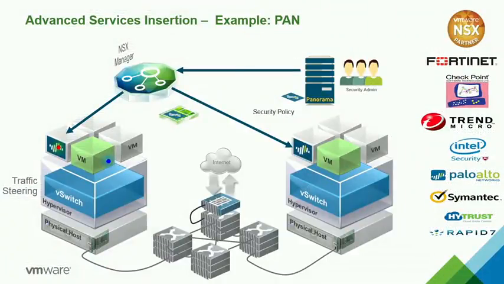But what we did with this product is that we open up a number of APIs for our partners to come partner with us and become a part of this software-defined network. And some of them you see on the screen for security. It's, amongst others, Fortinet, Checkpoint, Trend Micro, Intel, Palo Alto, Symantec, HyTrust, Rapid7.